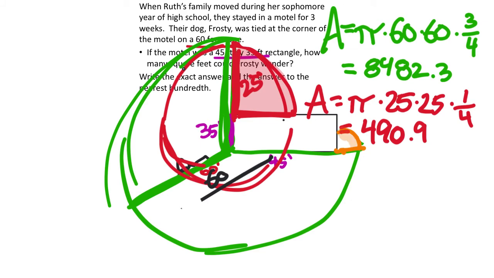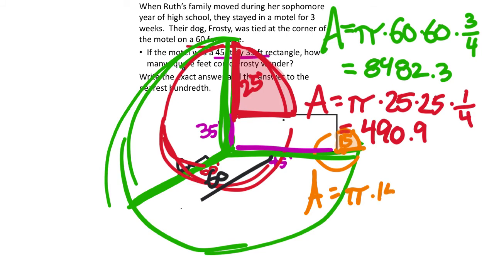Well, then we want the area of this orange part right here. And again, we are looking at about 1/4 of that, well, it is 1/4 of that circle. So to find the area of the orange, it's pi. But again, we need the length of that part right there. Well, this is 45. The green is 60. So the orange would be what's left over there, which appears to be 15 feet.